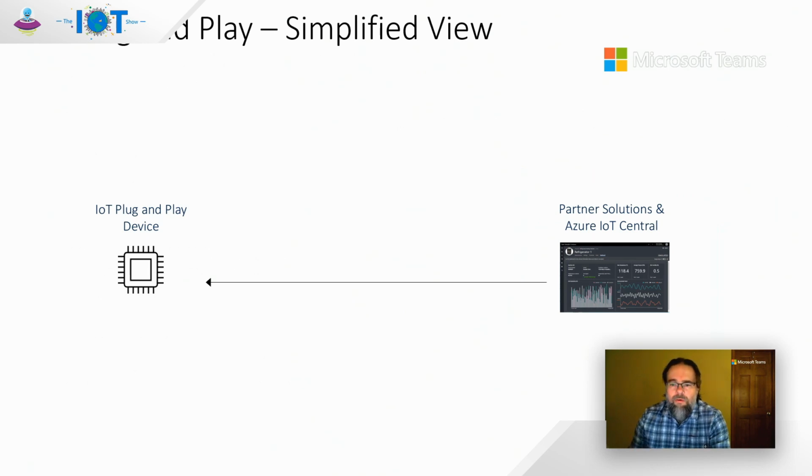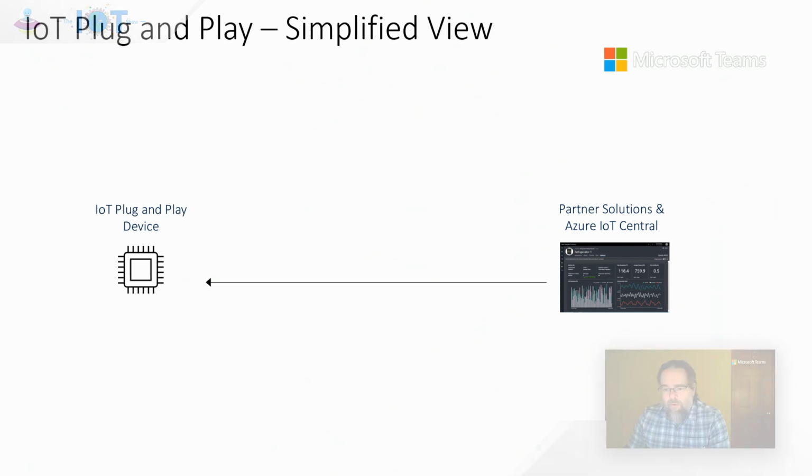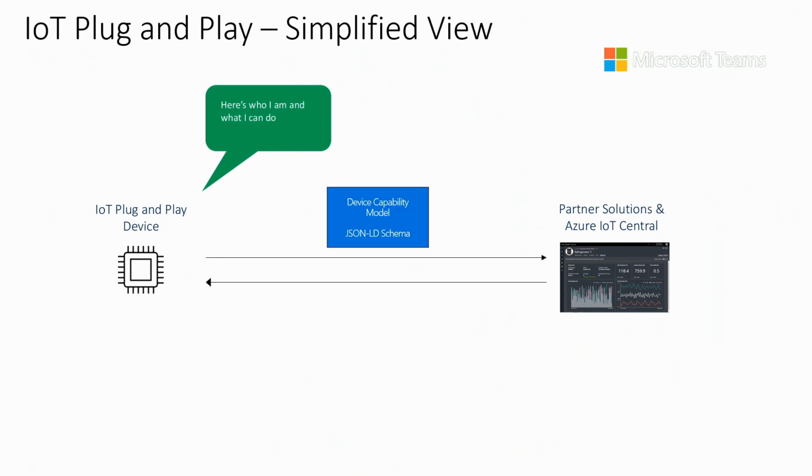So in a very, very much simplified view, here is how the concept works for an IoT plug and play device. When it boots up and connects, as part of the connection message, it sends an ID across that uniquely identifies that capability model, and so now a solution in the cloud, whether that's IoT Central or an ISV application or partner solution, can receive that ID and make a determination based on that.